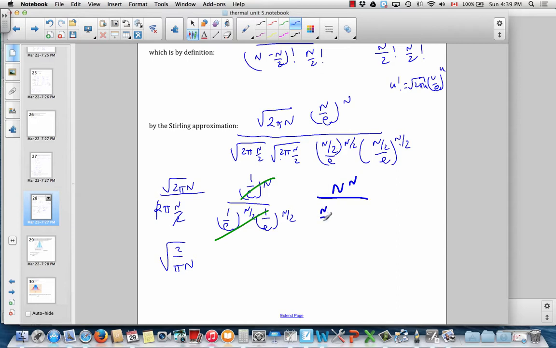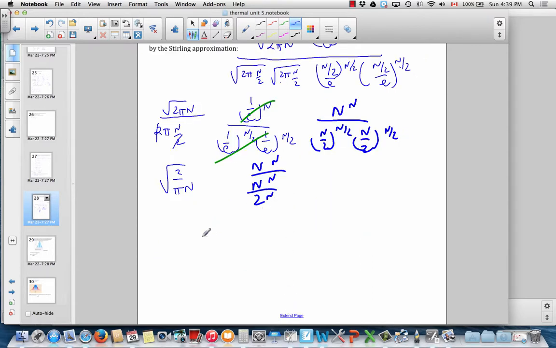Then we've got n over 2 to the n over 2, and n over 2 to the n over 2. So this works out to be n over 2 to the n, which is n to the n over 2 to the n. So once again, the n to the n cancels, and I get this for the multiplicity of the spins up equals spins down state.